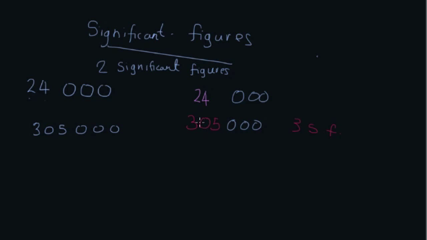Now the reason the 0 is a significant figure here is because it comes between the thousands column and the 100,000 column. Although it's empty, it's holding a place value. It's telling us that there's 0 10,000s, so it's included in the significant figures.